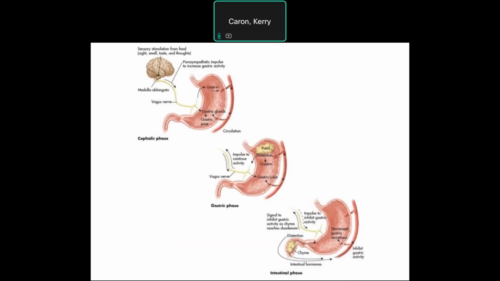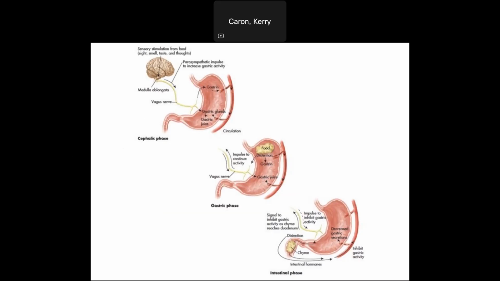Here are the different phases of stomach activity. We have the cephalic stage, so cephalo, head, right? Brain or head. The medulla oblongata, that all important medulla oblongata, is going to send a message down the vagus nerve telling our stomach to increase activity, start secreting, start producing, okay?